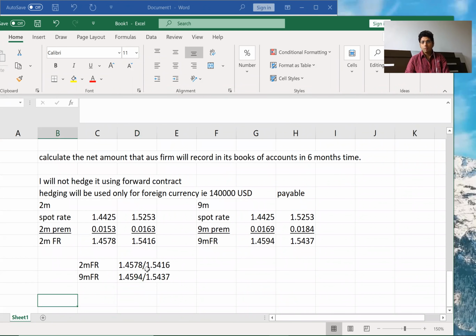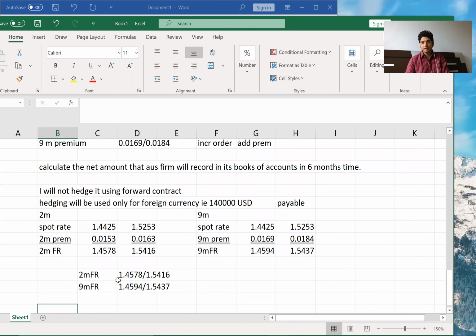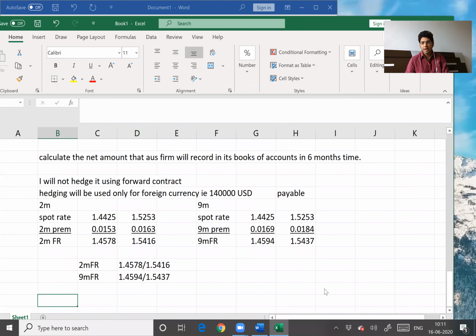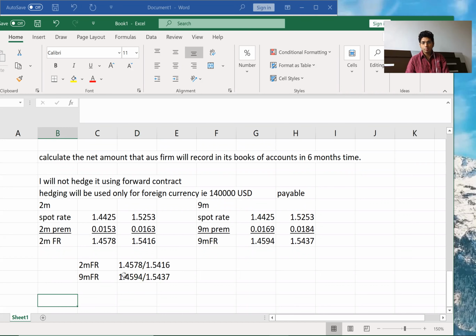Okay, now before we start taking out our 6-month rate, I want it to be a one-way quote.